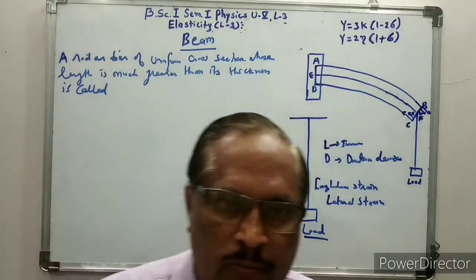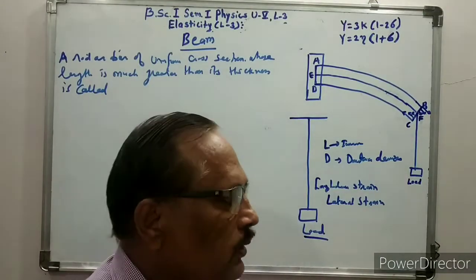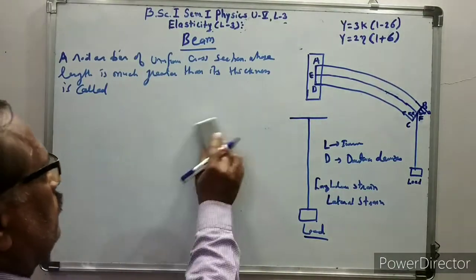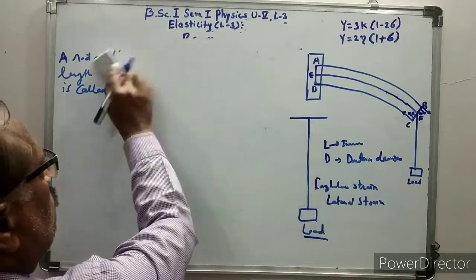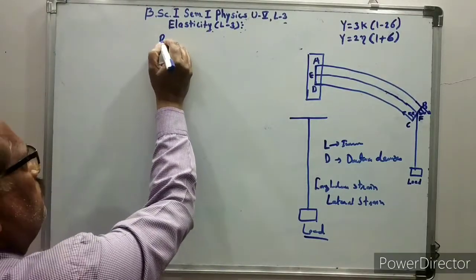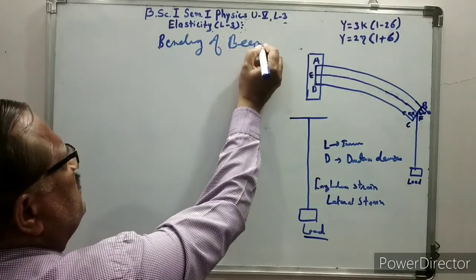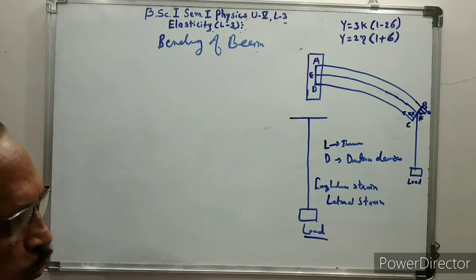A beam can be bent in two different ways when external force is applied. Let us discuss now bending of beam. A beam can be bent in two ways.